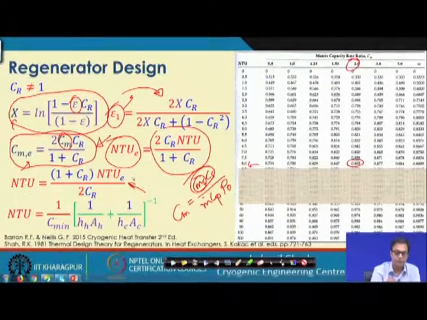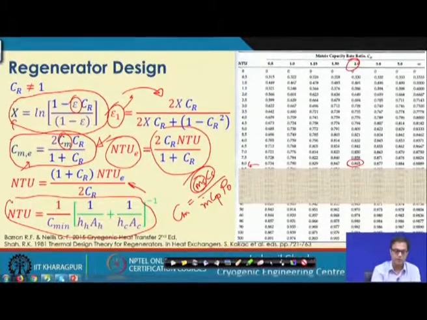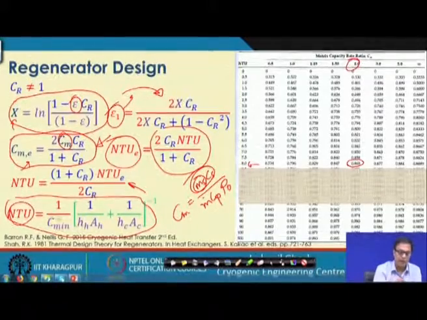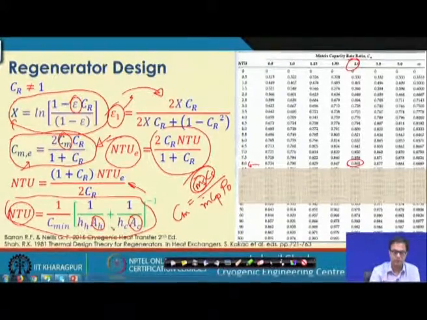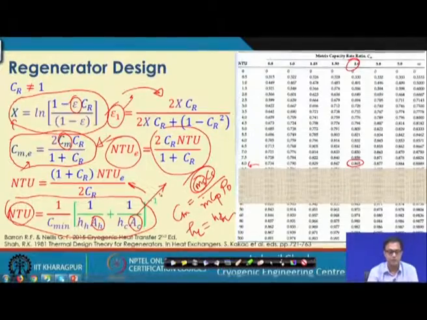Once we know the actual NTU, this NTU can also be related by this relation, where this NTU is now known, and we can find out HC and HH, and finally we will be able to find out the area.